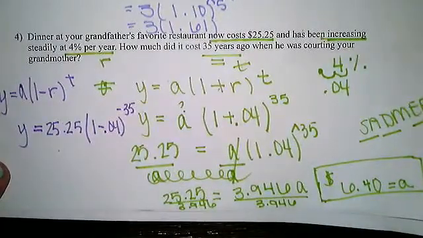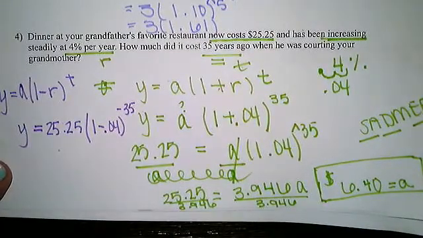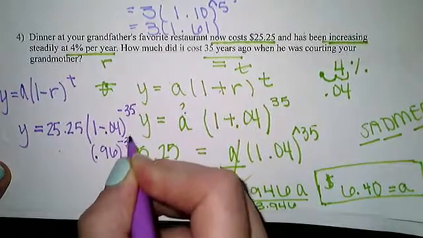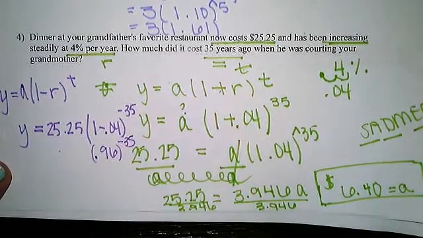I'm going to go ahead and do PEMDAS. So if I do 1 minus 0.04, I get 0.96. I want to use my parentheses when I raise that to the exponent of negative 35.